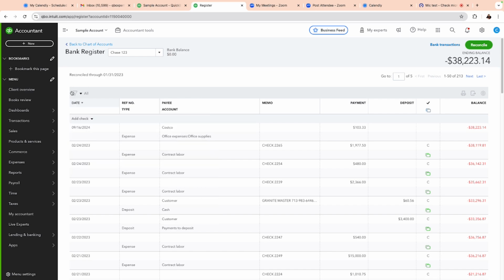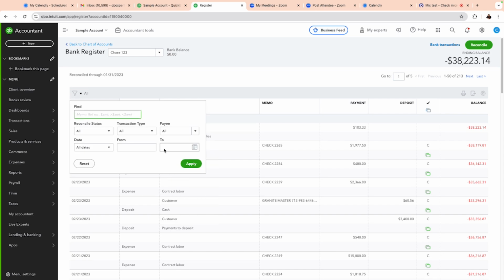So you click on this little funnel over here, and don't put anything on the date from, but on the date to, you're going to put the date of the last reconciliation. Put January 31st. Okay. And on the reconciliation status, you click on the arrow and you want to select not reconciled.